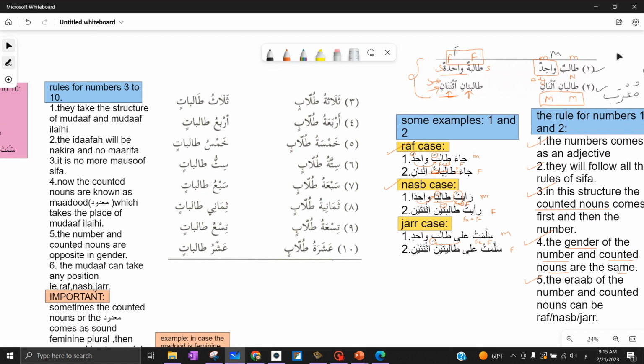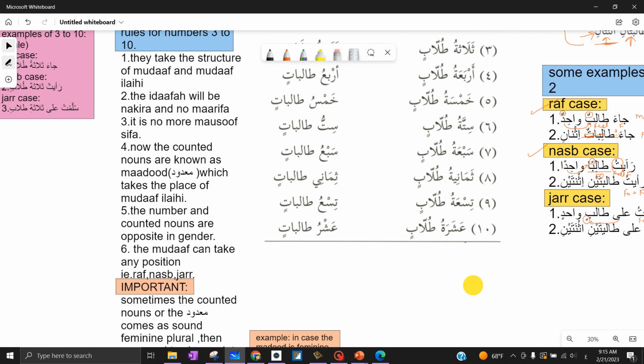If you see here, talibun wahidun, talibani ithnani. What is the difference here? If you see the gender, they are the same. Here the gender is different. Thalathatu with ta marbuta is feminine, tullab is male. So now the gender changes.